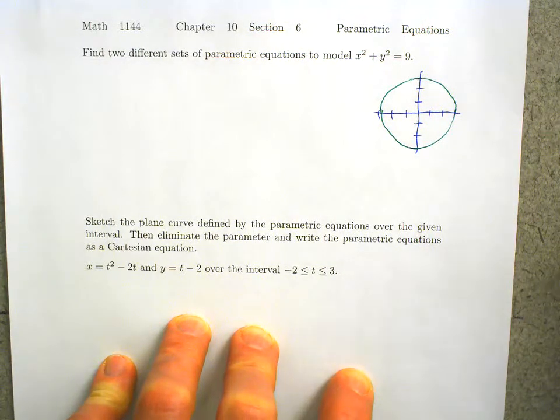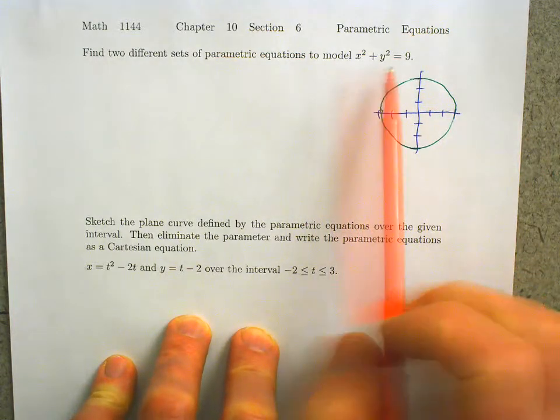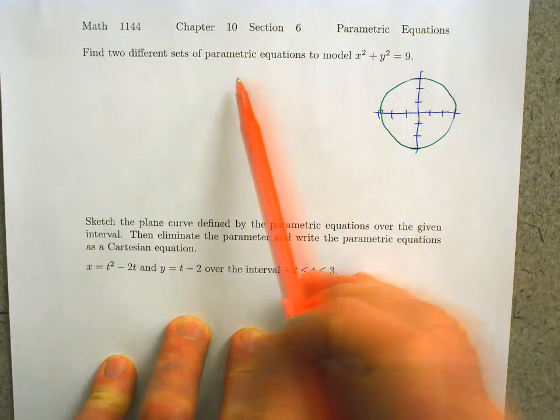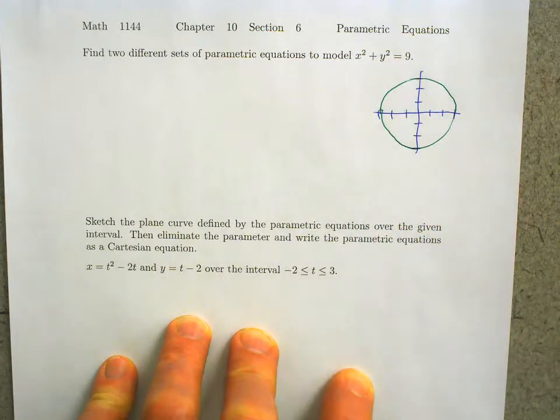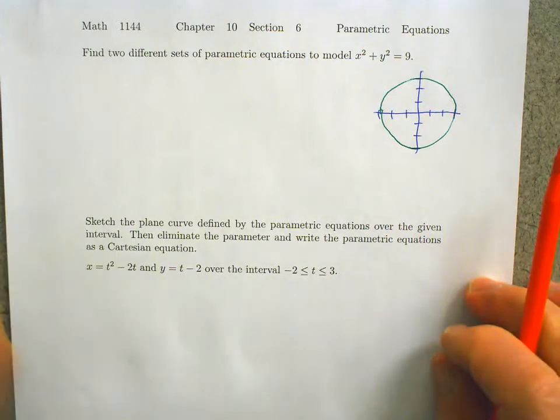So we can find any number of sets of parametric equations for x squared plus y squared equals 9. We just want to find two.